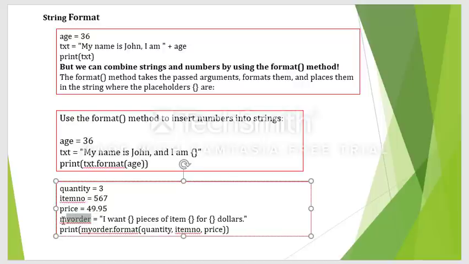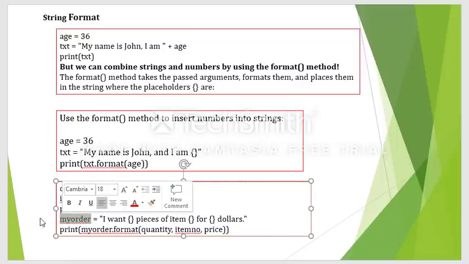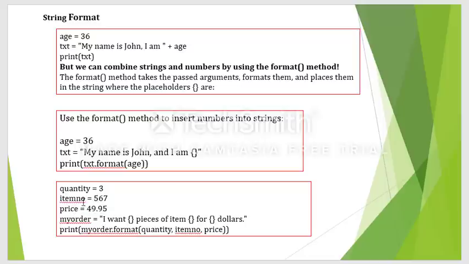But here my order is a string. Why is it a string? Because I am assigning some string to it, I want pieces of item for dollars. This is entirely enclosed in double quotations, and whenever it is enclosed in double quotations, it becomes a string. So my order is a string, price is a float value, item is an integer value, quantity is an integer value.